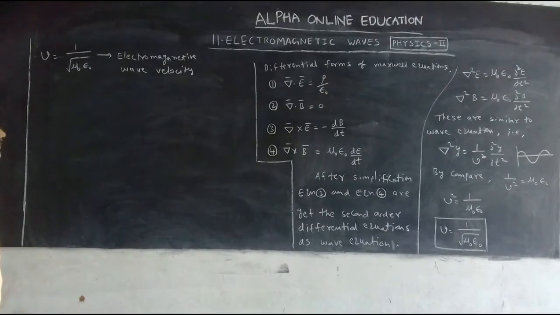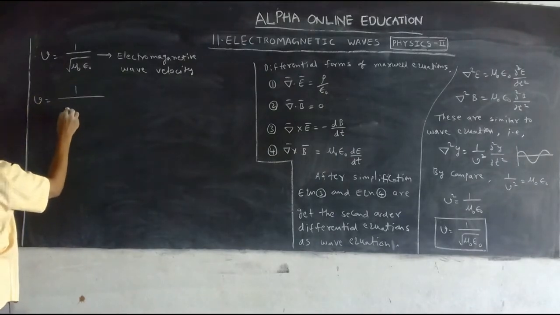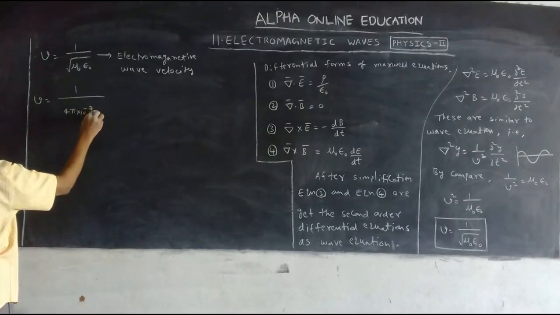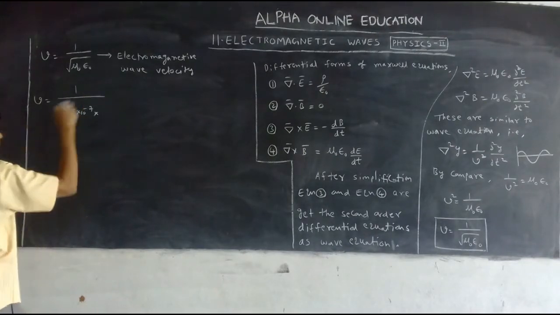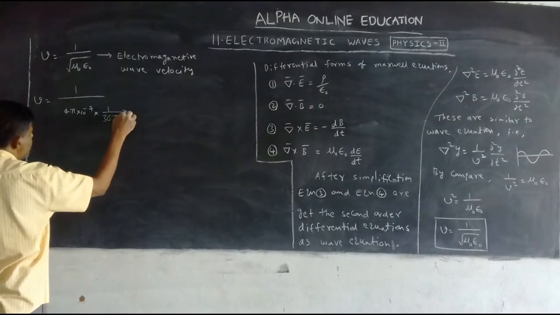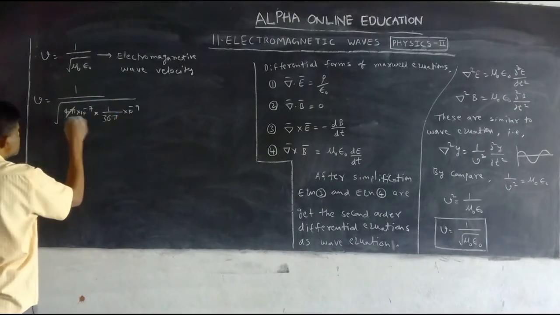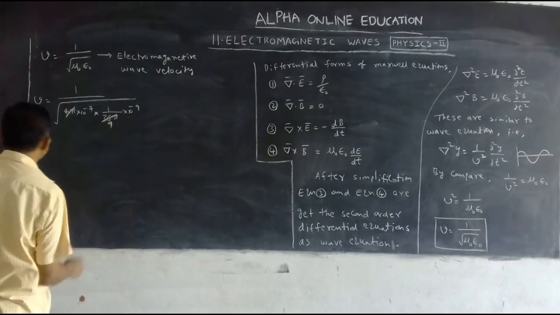This is the electromagnetic wave velocity. Now we know the value of mu naught. What is the value of mu naught? 4 pi into 10 to the power of minus 7. And epsilon naught is 1 by 36 pi into 10 to the power minus 9. If we simplify, the pi cancels.